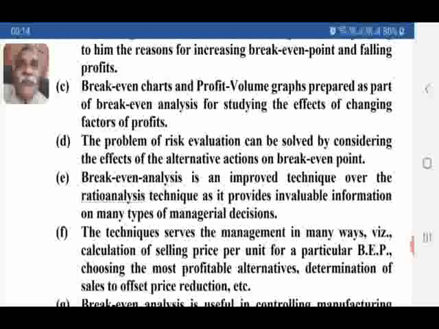The problems of risk evaluation can be solved by considering the effects of the alternative actions on break-even point. Break-even analysis is also an important technique over the ratio analysis technique, as it provides invaluable information on many types of managerial decisions.